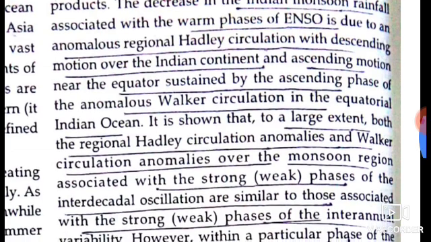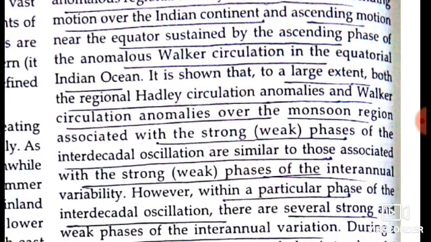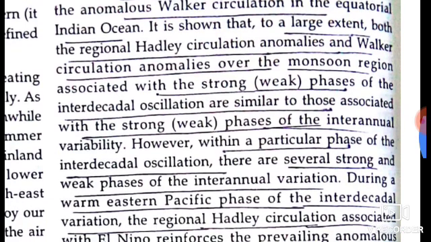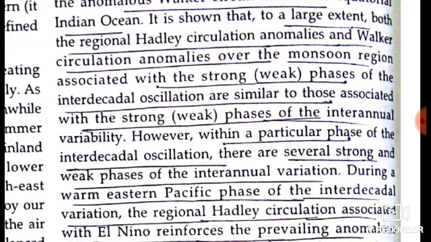It is shown that to a large extent both the regional Hadley circulation anomalies and Walker circulation anomalies over the monsoon regions associated with the strong phase of the interdecadal oscillation are similar to those associated with the strong phase of the interannual variability.